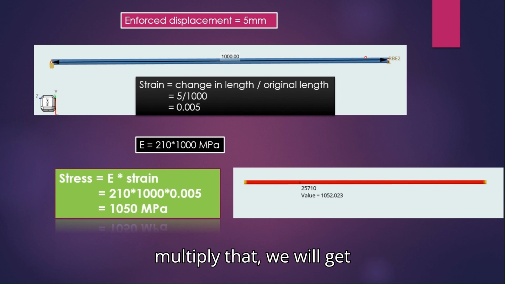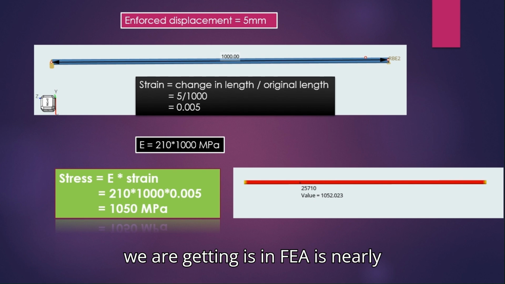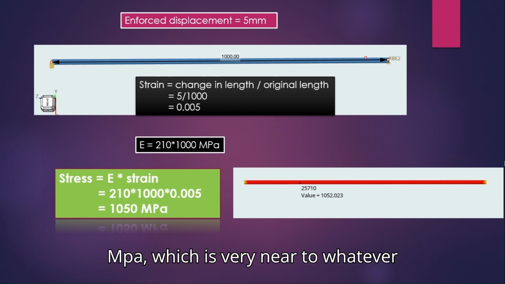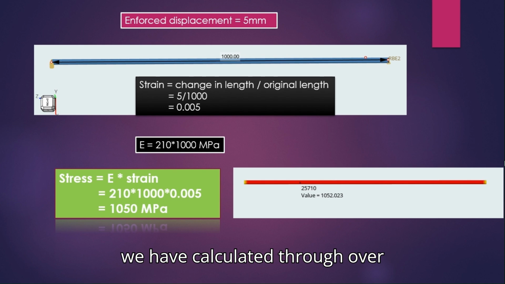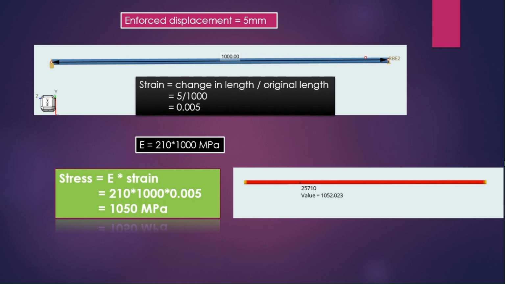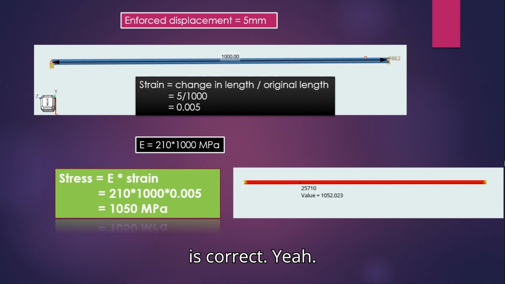If we multiply that, we get 1050 MPa of stress. That is our nominal stress, and whatever we are getting in FEA is nearly 1052.023 MPa, which is very near to whatever we have calculated through our classical engineering mechanics equation. So whatever we have calculated through FEA is correct.